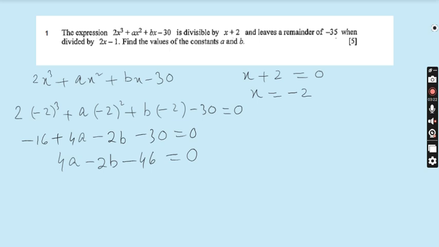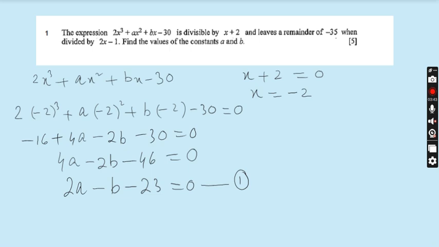Simplify this equation in simplest form. Divide the whole equation by 2. You will get 4 upon 2 is 2, 2 upon 2 is 1 and 46 upon 2 is 23, equal to 0. This is equation number 1.